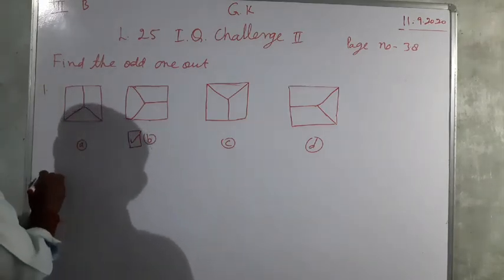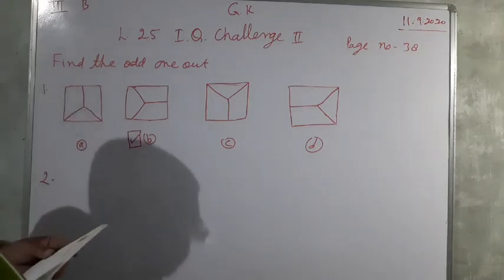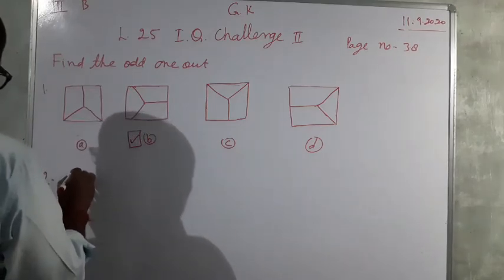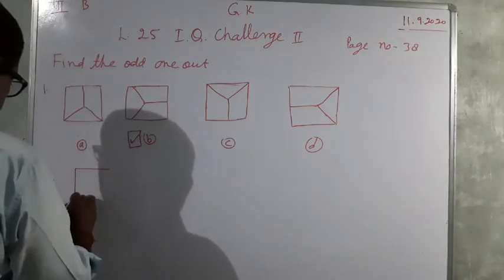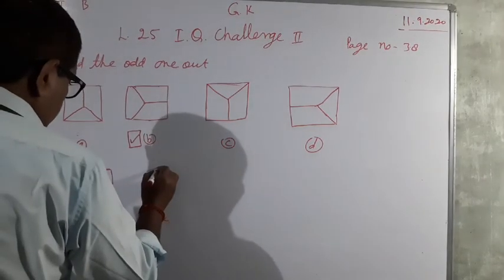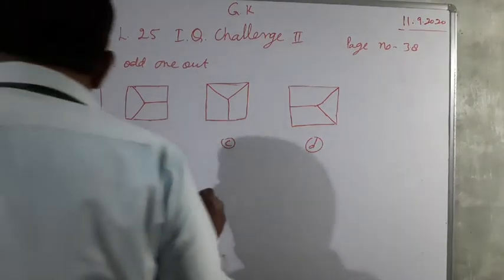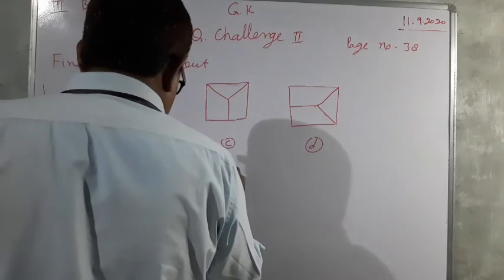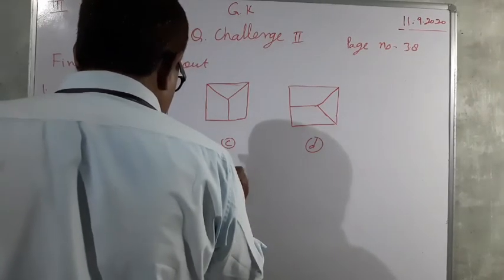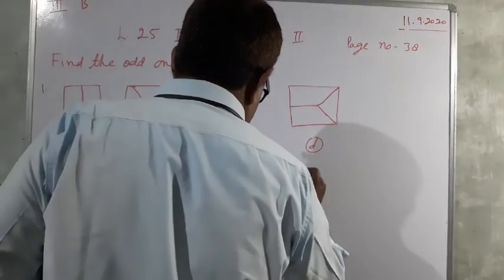Now second, you see the second question, in which also you have to find the odd one. Four structures are formed. One structure you see here, the first structure, and second structure is a circle, and this structure is also the circle but incomplete circle, and fourth structure is a triangle.